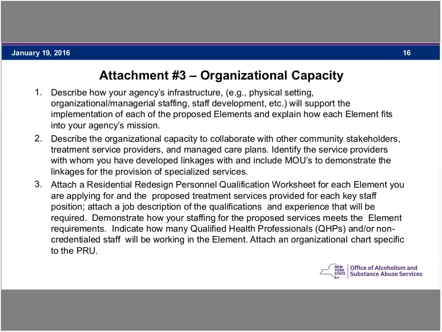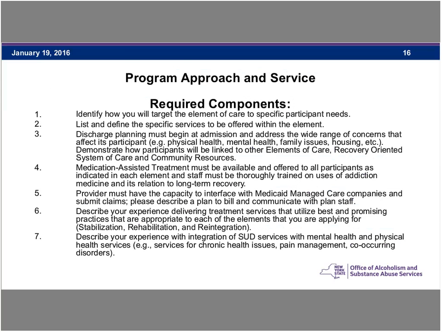So Brenda just said attach an organizational chart specific to the PRU. In the application, we don't require your agency organizational chart. That's of no use to the reviewers. What we're actually looking for is who's going to be working in the elements of care that you're applying for. In the original application, as it's posted right now, this says attachment number 4.